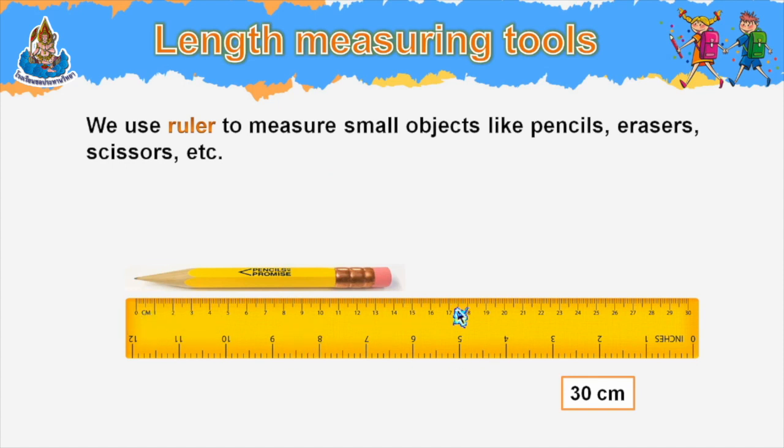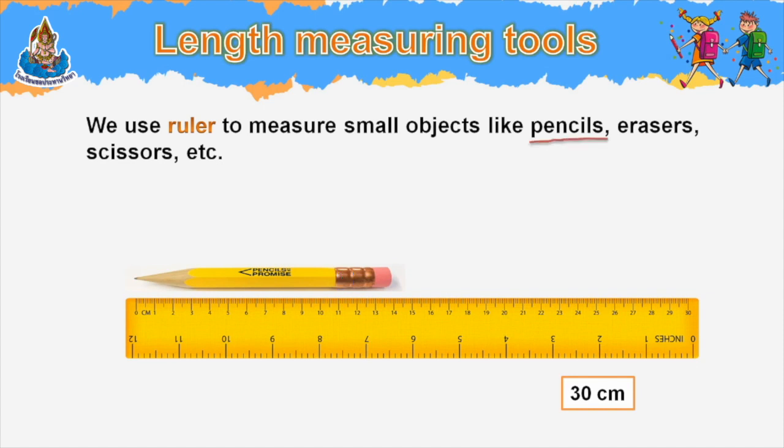How long is a ruler in centimeters? 30 centimeters. Look at this. From 0 to 30. This is 30 centimeters. So a ruler can measure a pencil, right?